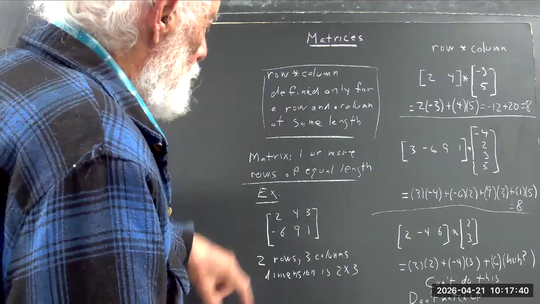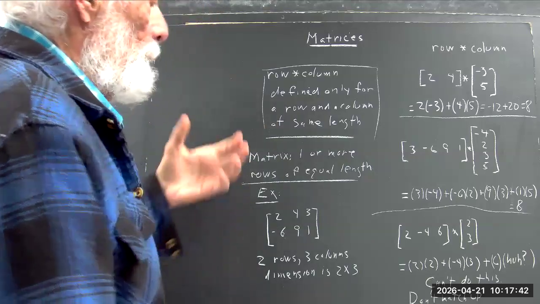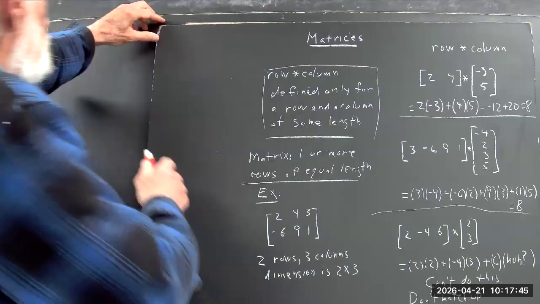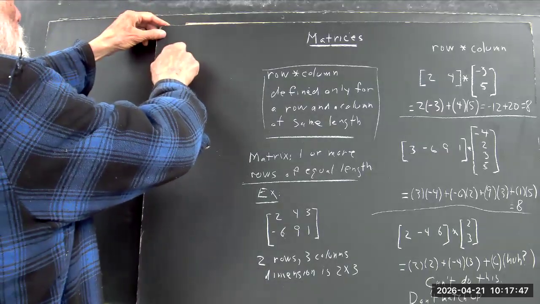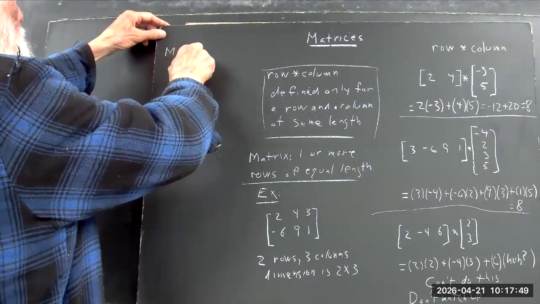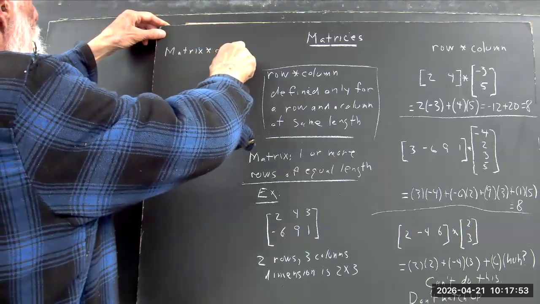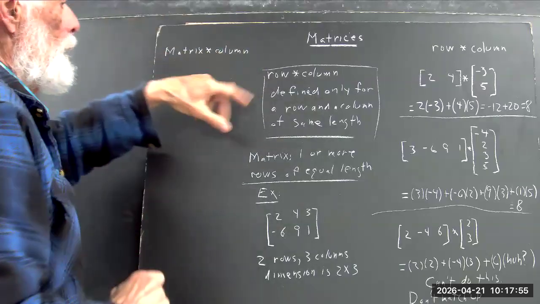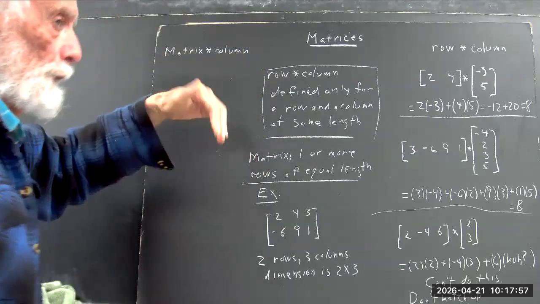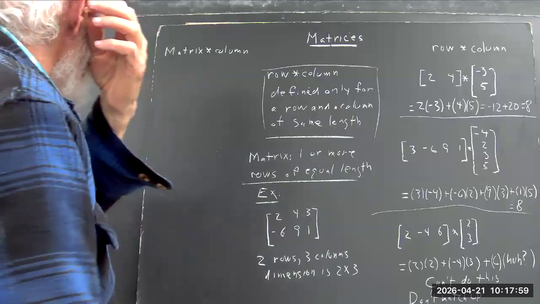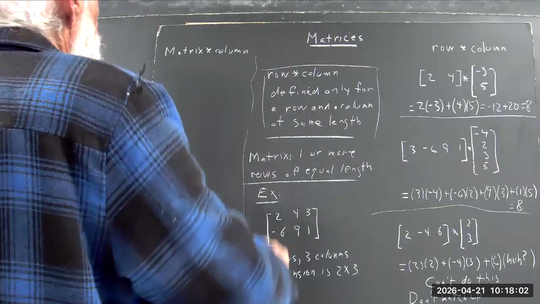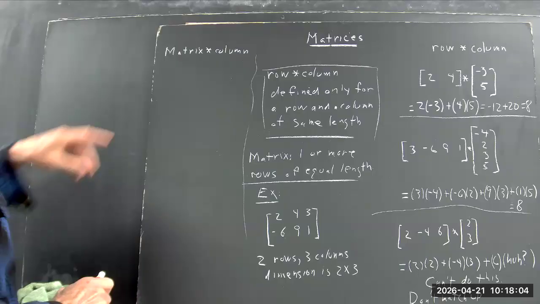Now, let's multiply a matrix by a column vector. I'll often use the word column vector because that's very common and appropriate terminology.